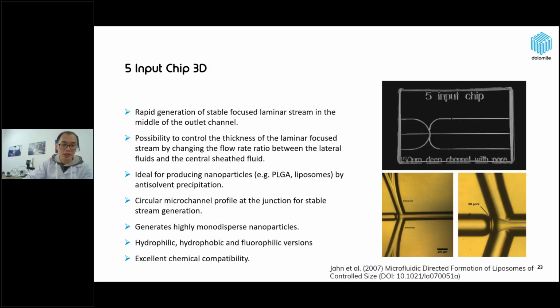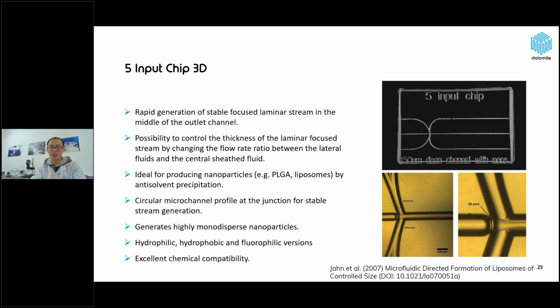The other type of microfluidic chip with Dolomite is the 5-input chip 3D. The 5-input chip 3D, 150 micron, is a glass microfluidic chip device with a design and layout described in the paper by Zahn, published in 2007, on microfluidic direct formation of liposomes and chondrocytes. The new 3D pore structure enables particle precipitation to occur in the bulk of the fluid, avoiding particle-channel wall interaction.